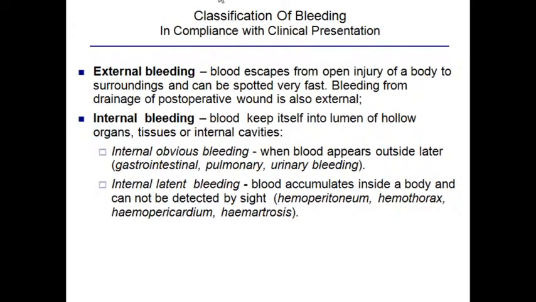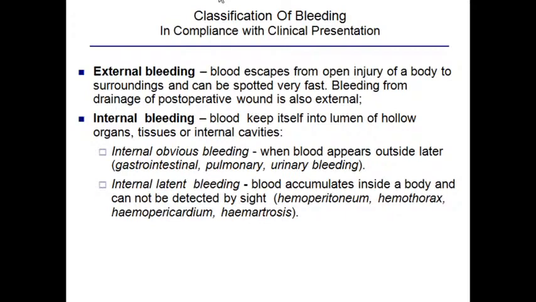Bleeding from drainage of a postoperative wound is also external, because internal cavities are drained by tubes as a physical antisepsis. Tube drainage is a physical antisepsis, and tubes are left in the cavities especially for control of postoperative bleeding.